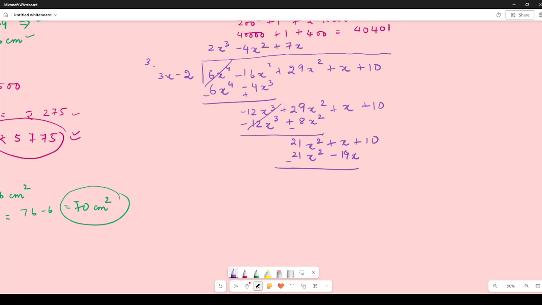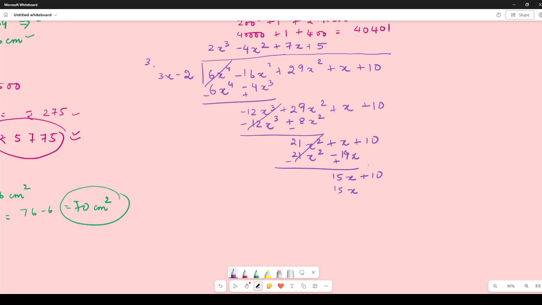Remember, the signs change, so together this becomes 15x plus 10. We now need to take away 15x, so we will simply multiply it with 5, and we get 15x minus, sorry, this was plus 10 or minus 10?